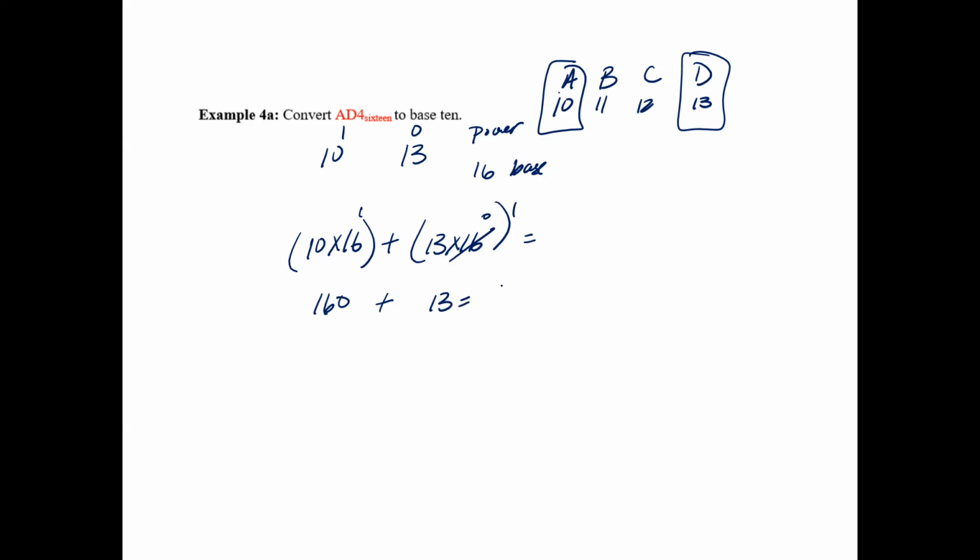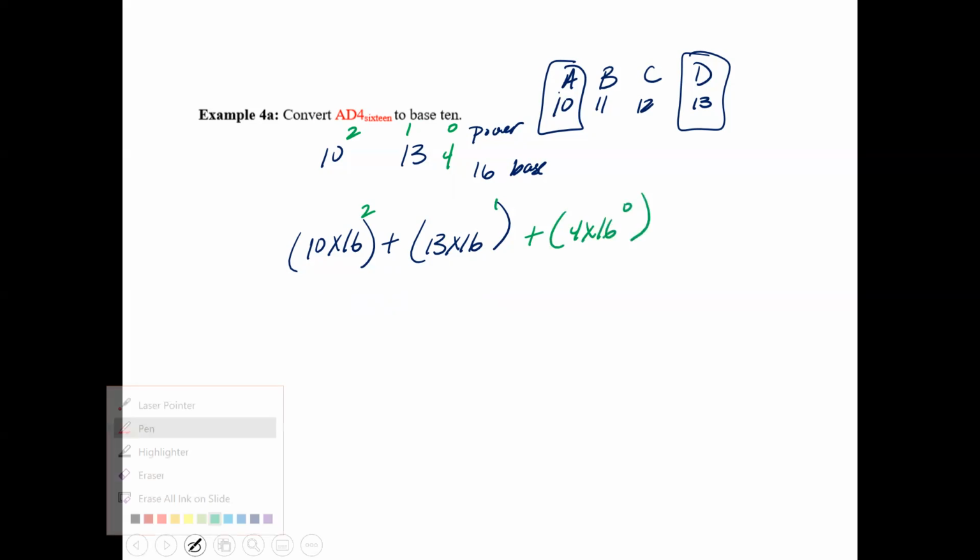So then altogether, my answer, oh, you know what? I did forget something. Hold on a second. I totally messed this up. I forgot the 4, sorry. So my 4 right here would technically be a power of 0, 1, 2. So then this will have a power of 2, 13 times 16 to the power of 1, plus 4 times 16 to the 0 power. Keep in mind that this part becomes a 1.